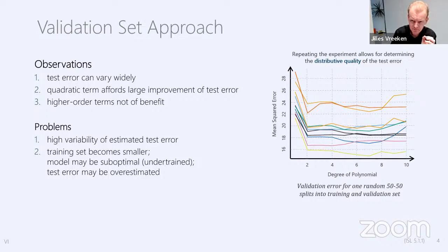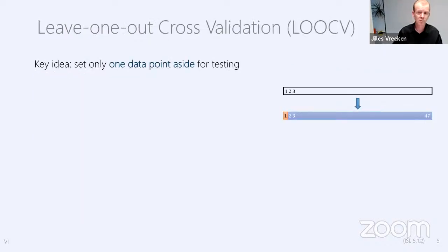Good. Now, if we say that with 50-50 we have too little data for the training set, what can we do to avoid that? Let's use almost all of the data for the training set. Well, what is the largest amount of training data we can use while still having some data for a test set? Quite simple, we keep one data point aside.